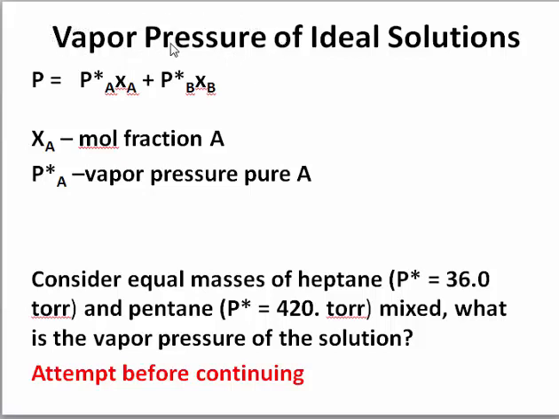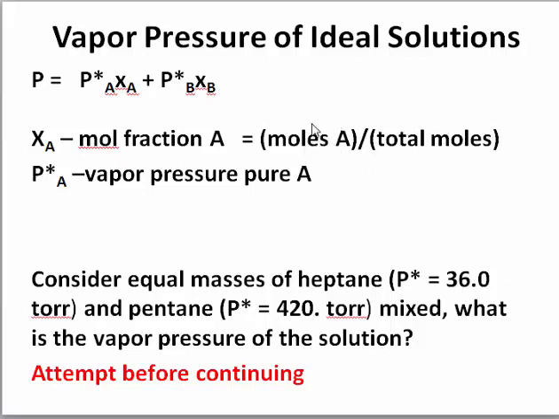Vapor pressure of ideal solutions is relatively straightforward to determine and is an often seen property of ideal solutions. Total pressure of an ideal solution is the vapor pressure of pure A times the mole fraction of A plus the vapor pressure of pure B times the mole fraction of B. Mole fraction of A is equal to the moles of A over the total moles.